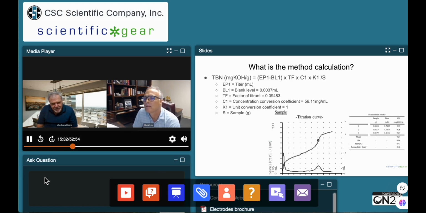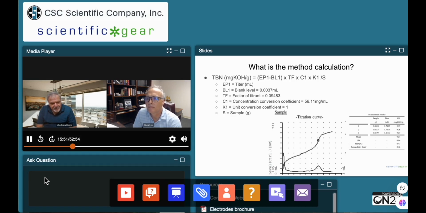As it gets near the equivalence point, for a very small amount of titrant, you get a large millivolt potential difference.